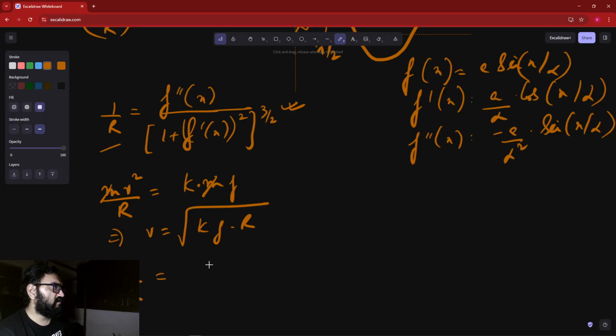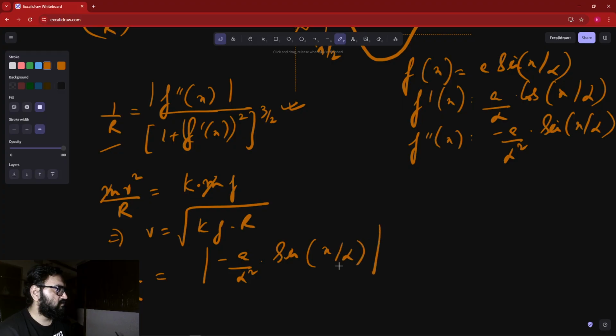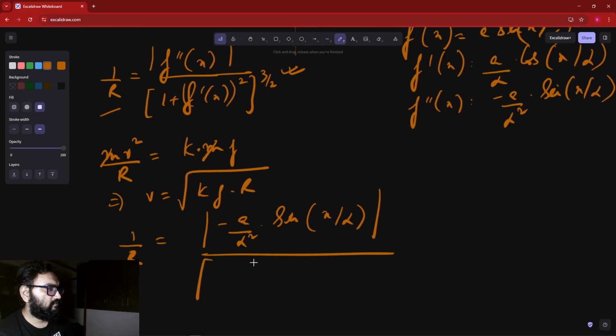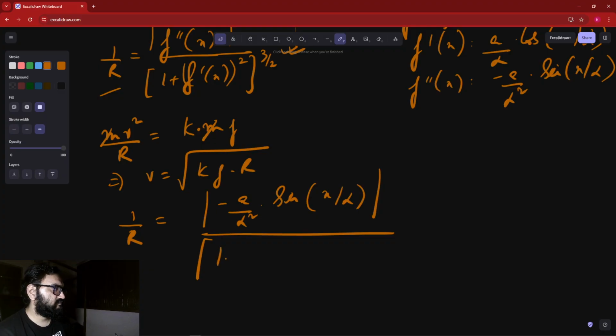I'll get 1 by r is equal to modulus of minus a by alpha square sine of x by alpha, divided by 1 plus a by alpha cos of x by alpha, this whole square to the power 3 by 2.